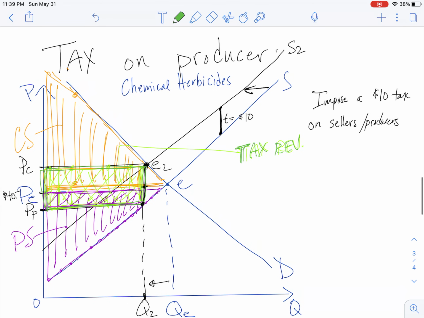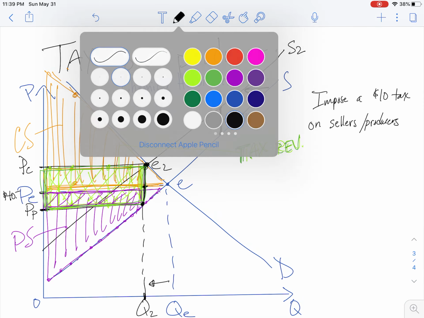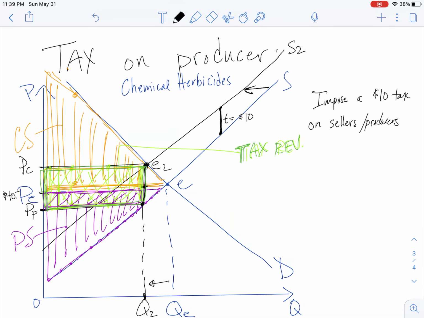Now, is all of the surplus that's lost, is all of the consumer and producer surplus that's lost picked up by the government in the form of tax revenue? No. Right, there's this section out here, right? Some consumer surplus and some producer surplus, or well, what would have been consumer and producer surplus if there were no tax.